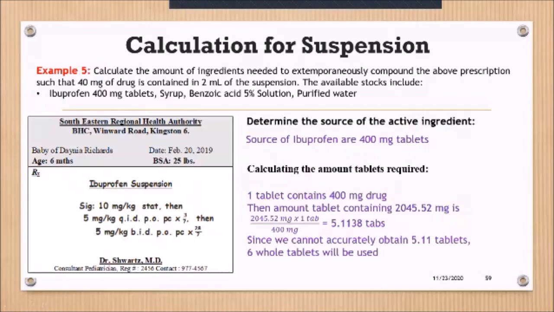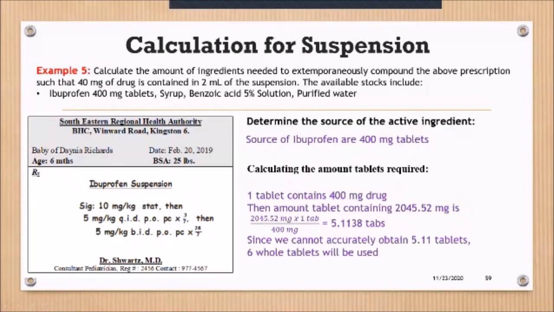Now, I need to determine what amount of tablets will contain the total amount of ibuprofen that I need. If one tablet contains 400 milligrams of the drug, then 2,045.52 milligrams will contain 5.1138 tablets.